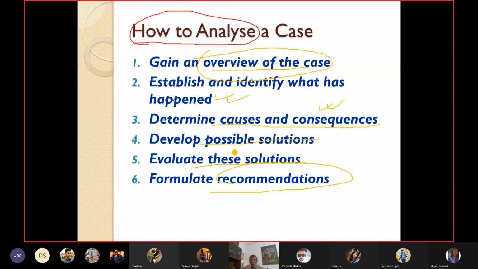Now, ladies and gentlemen, to be very honest, there's no Bible here to say that there is only one way and one solution. There could be multiple solutions, multiple ways of getting it. If there are 10 options, 10 could be tough to implement, but you could come out with three, four fantastic recommendations which have certain courses of action and which possibly will, if implemented successfully, enable the firm to gain and secure and sustain competitive advantage in the marketplace.